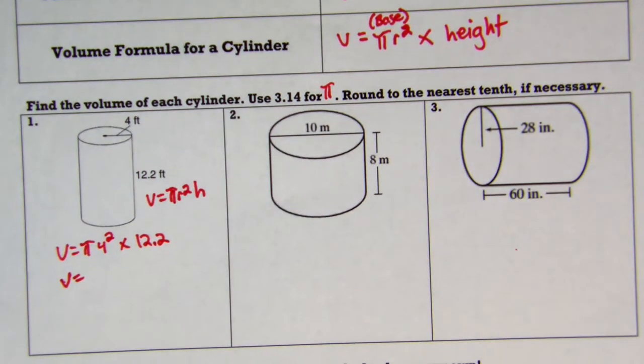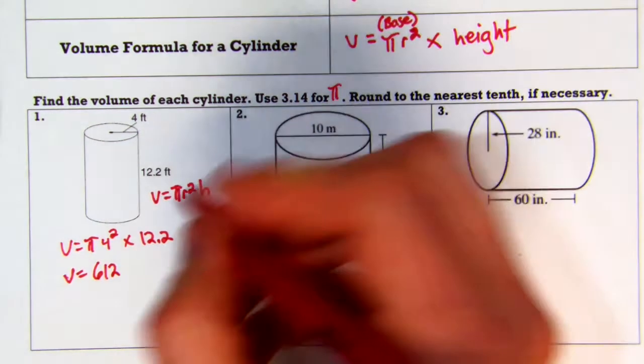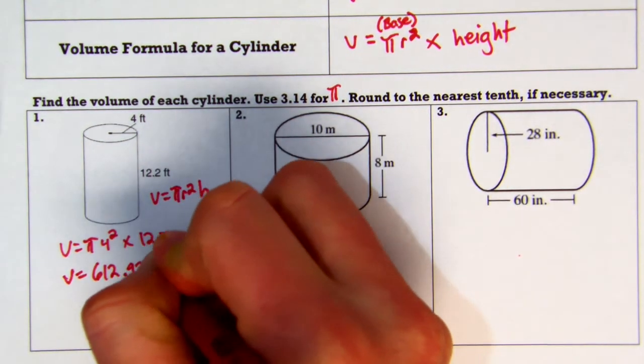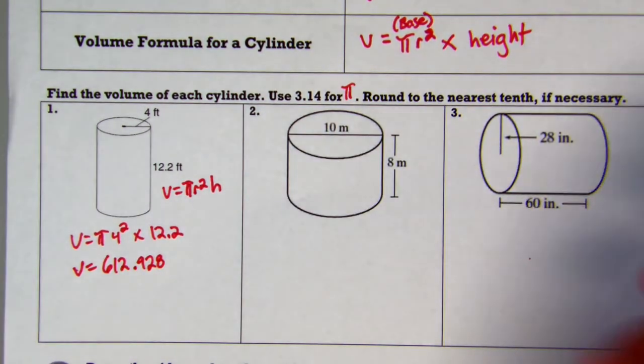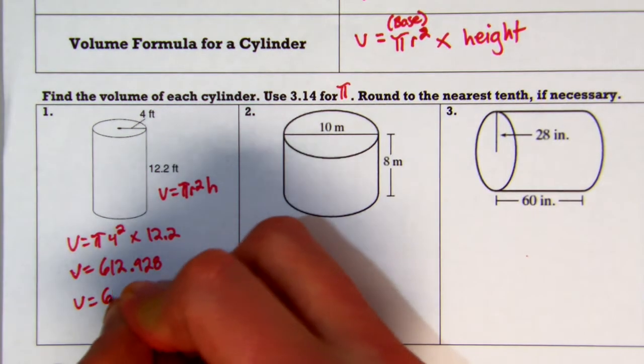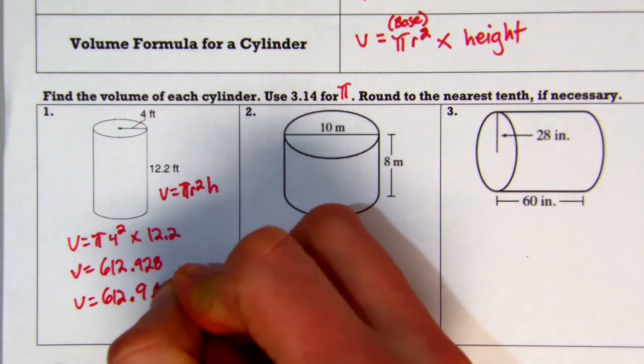That gives me a volume of 612.928. Then I'm going to round that to the nearest tenth, so its volume is 612.9, and that is feet cubed.